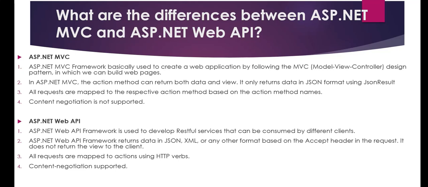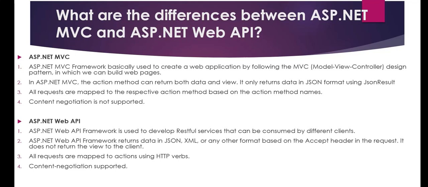In ASP.NET MVC, the action method can return both data and view, either JSON or even a view. All requests are mapped to the respective action method based on the action method names. That is on the ASP.NET MVC. Also, content negotiation is not supported.